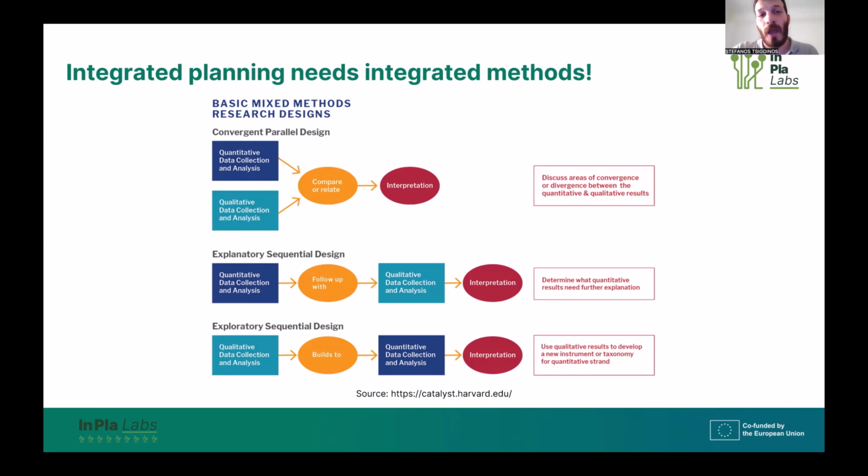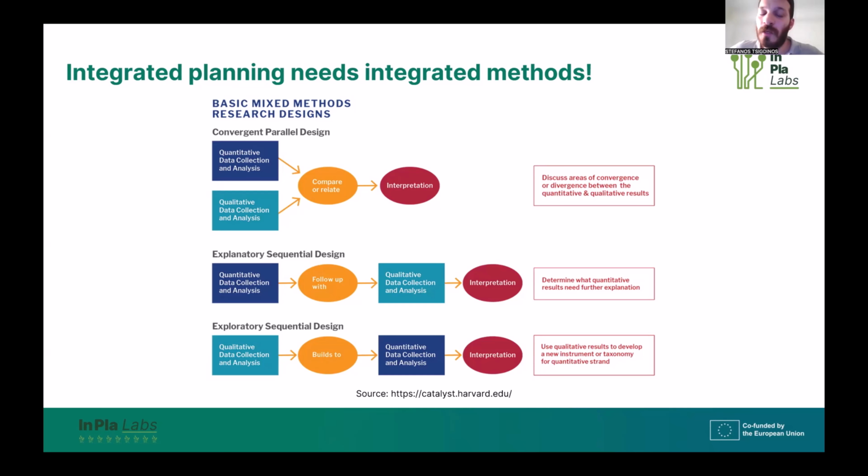But then we also have to think, as a second step, what we really need to do with that method. So we can have this convergent parallel design, where in parallel we work together with different kinds of data, and then we can compare them or relate them and interpret them accordingly. So this is one step for thinking.